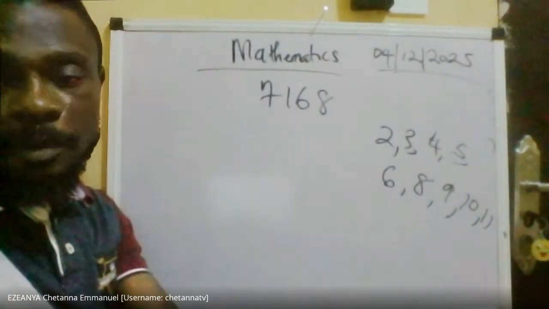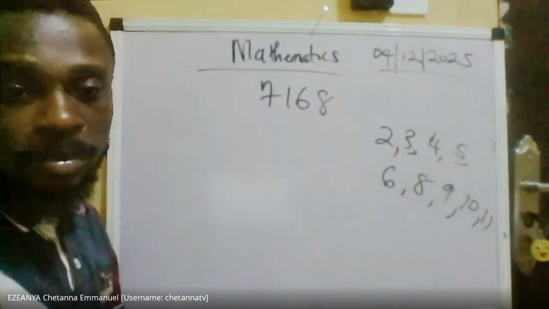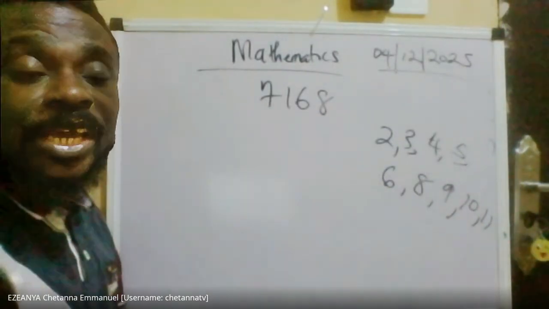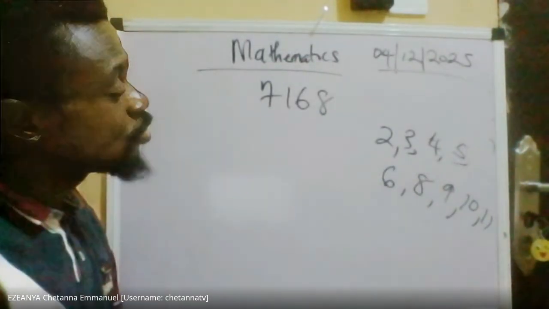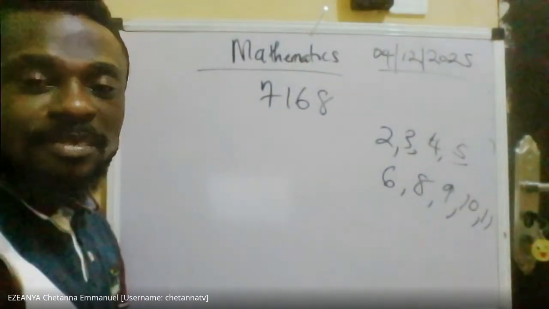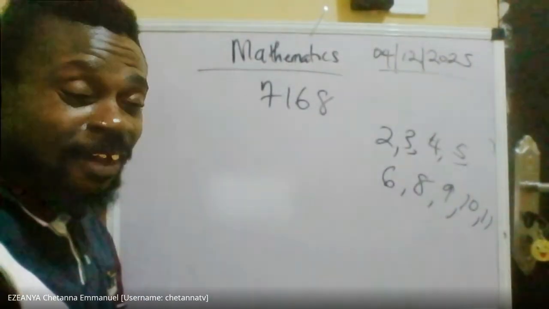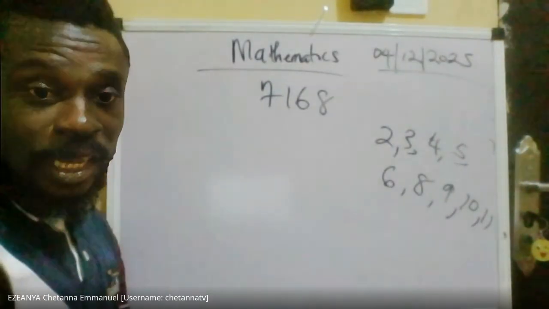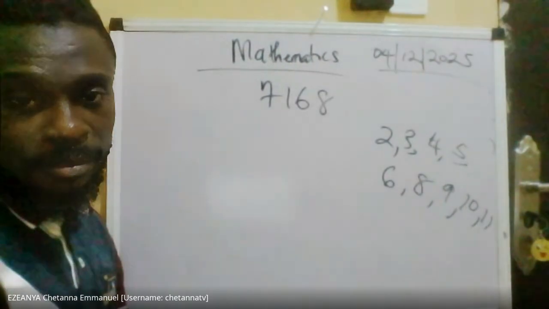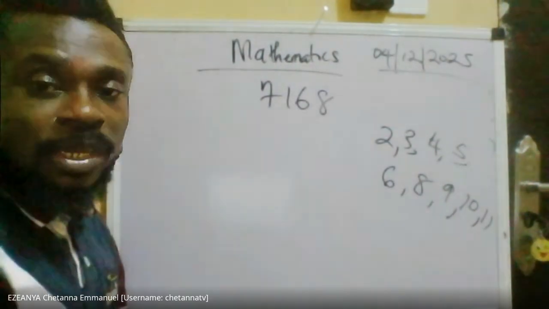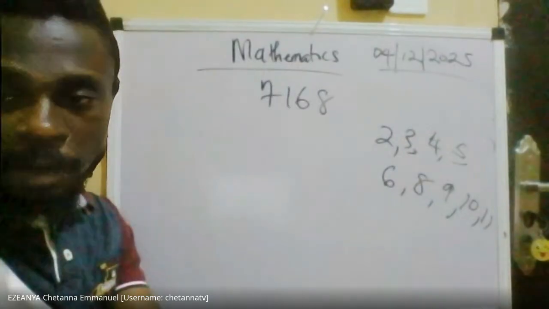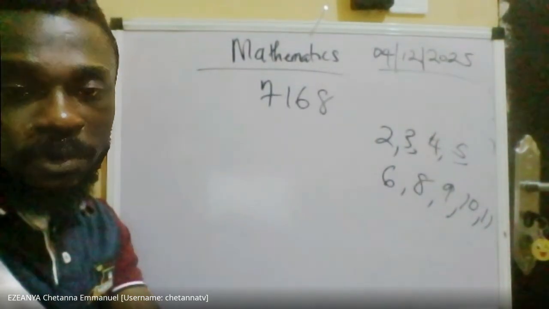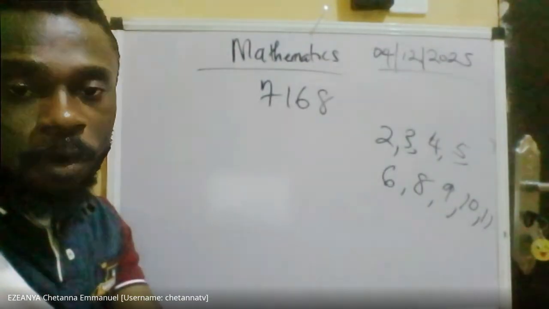Remember what we said about 2. Remember that if a number is divisible by 2, the last digit of that number is even. Then that number is what? Divisible by 2. Remember, go back to our rules we pointed out before.